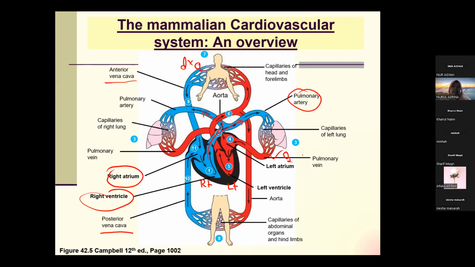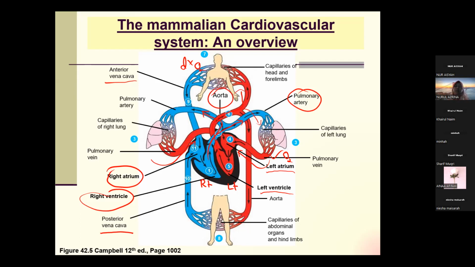The oxygenated blood will be transported back into the heart via the pulmonary vein, going into the left atrium, and from the left atrium it is transported to the left ventricle, right? And then later pumped out of the heart to the rest of the body through the aorta.